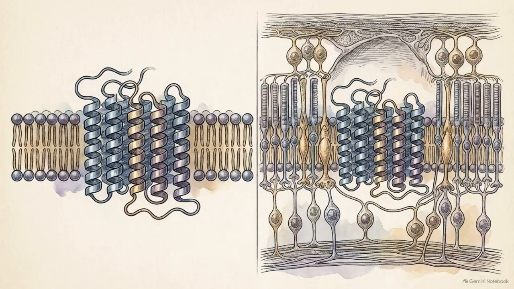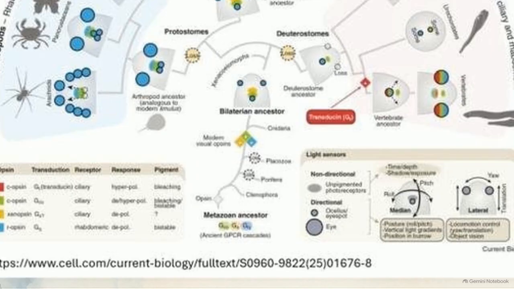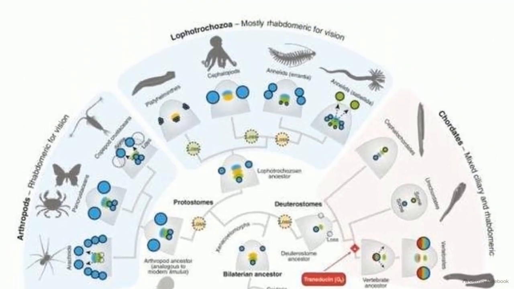This is known as evolutionary co-option, the reuse of existing molecular tools for new functions. We trace the origin of photosensitivity back to ancient GPCR cascades. Originally used for basic chemical sensing, they were modified to interact with light. This repurposed toolkit became the foundational architecture for vision across divergent species.